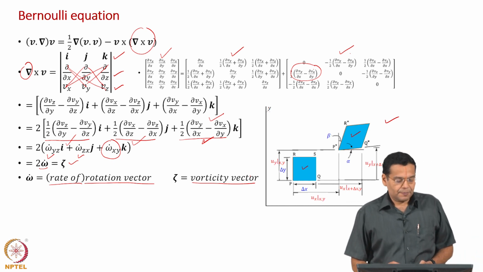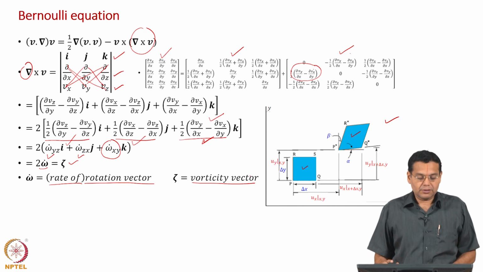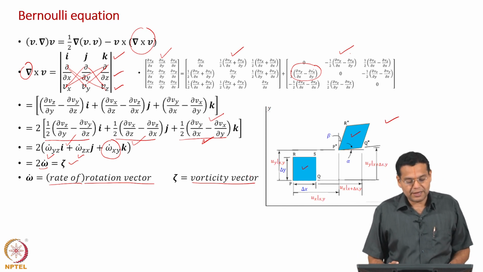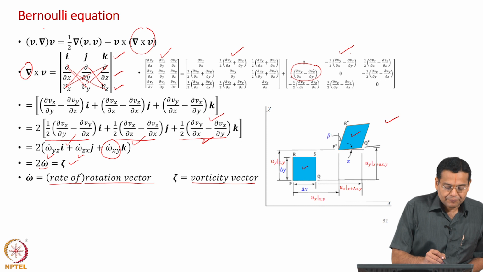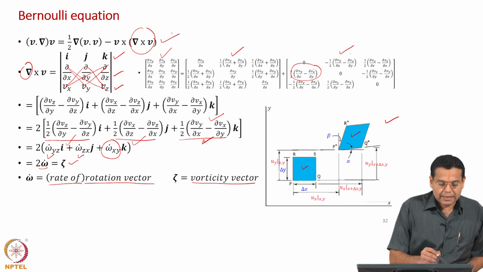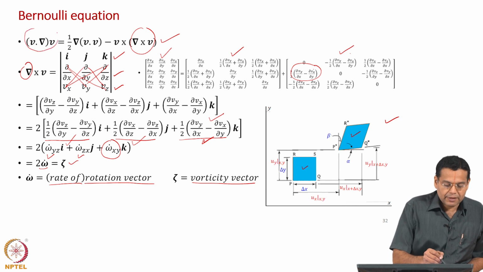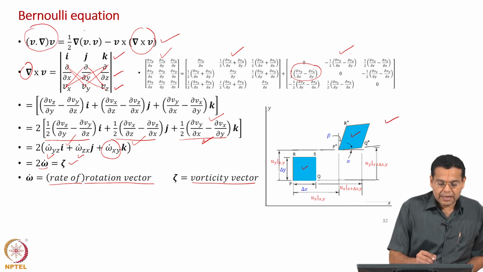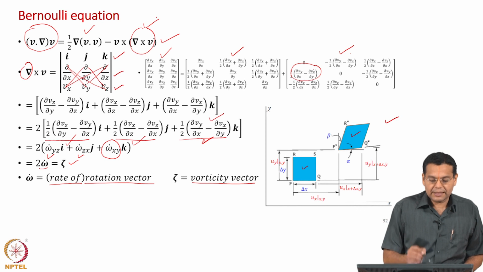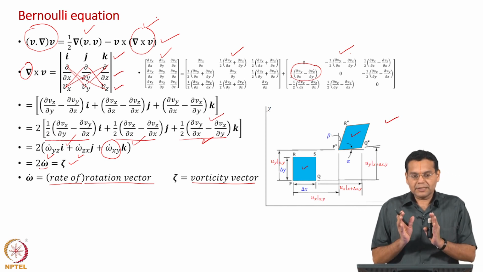In short, to summarize what we have discussed so far, we used this vector identity and expressed the convective acceleration term as the sum of two terms. In that we had one del cross V term.